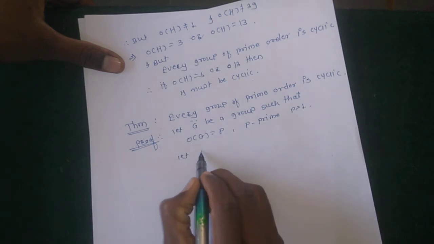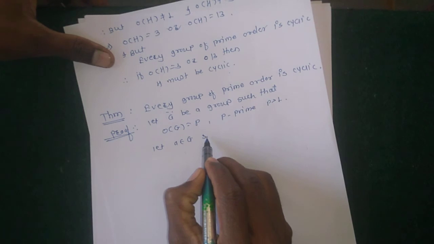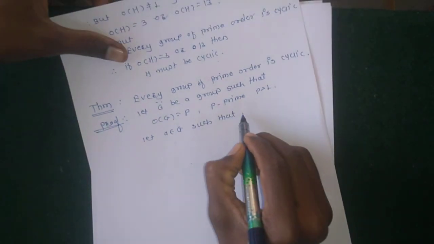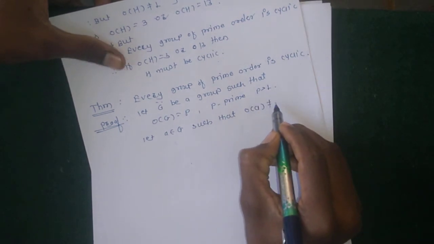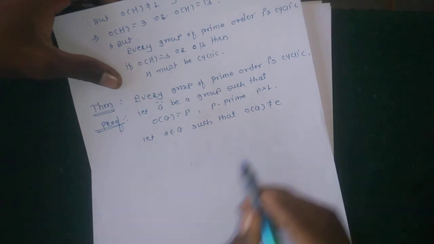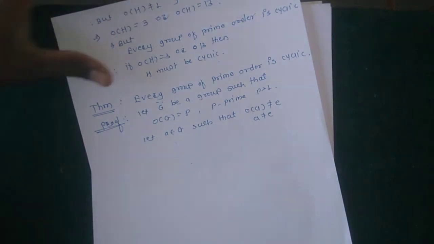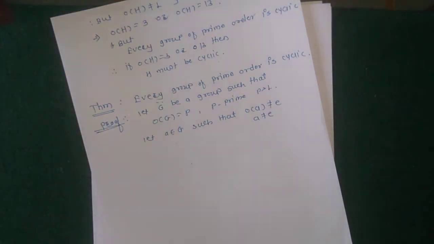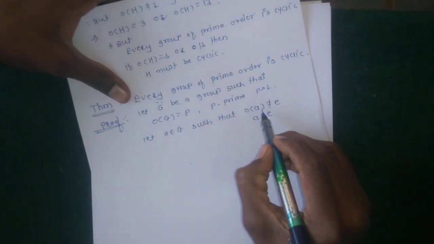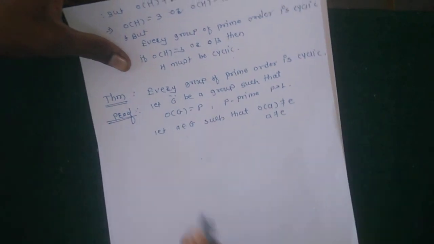Now choose one element a from G such that a is not equal to the identity.